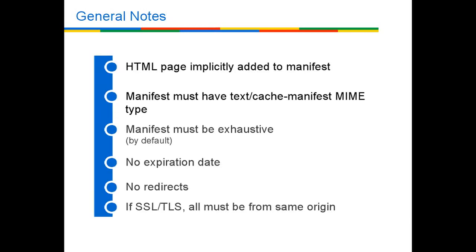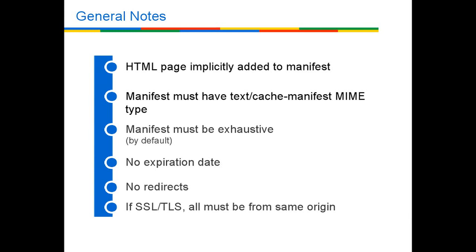So, while my HTML page does not appear in this list, it will be stored in the cache and be available offline. The manifest must also be served with this special MIME type, text/cache-manifest. If it's not served with that exact MIME type, it will not be used, at least by a compliant browser.